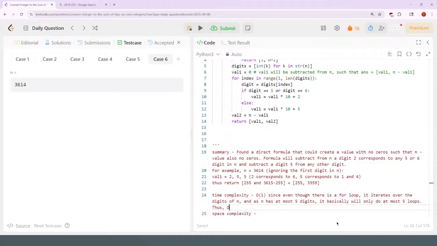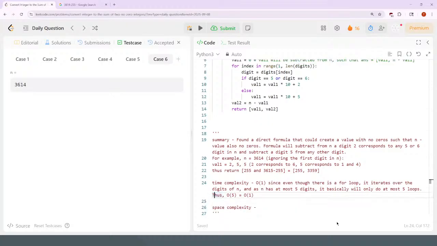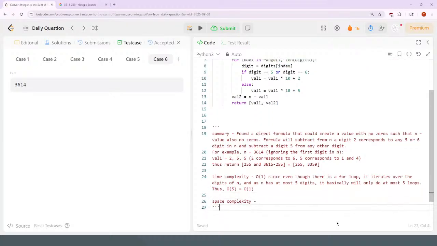Basically, the complexity is going to be O(1).